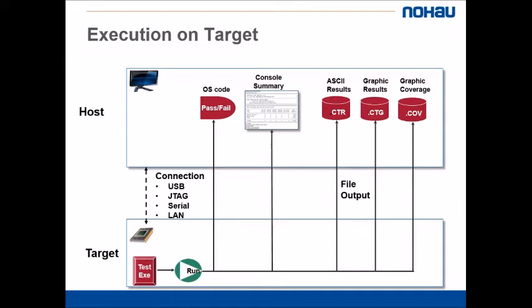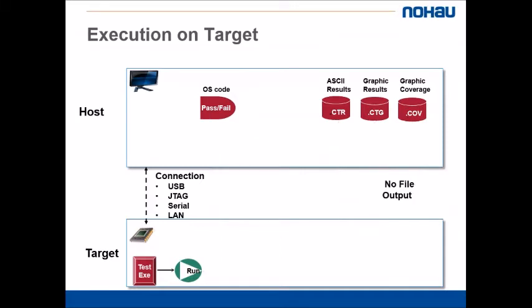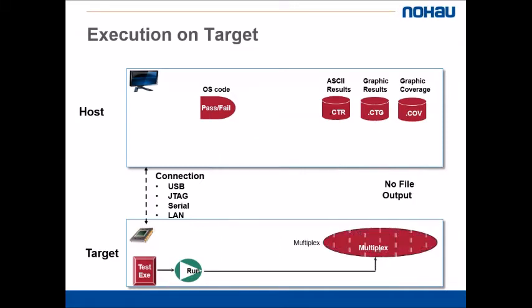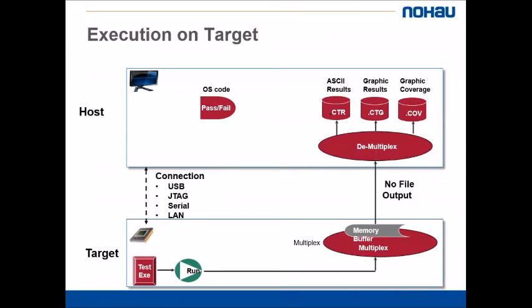Then you can download it, start the execution of that binary on your target, but perhaps you don't have any file output or something like that. Then you store the result on the target and you lift it out to analyze it later on, and then refine your tests or make a new test, etc. So this is the normal way of doing it.